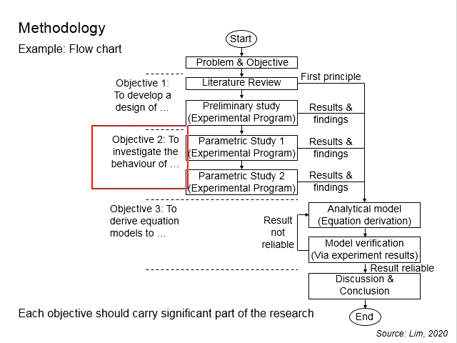That will be your second objective, to investigate the behavior of something. In fact, you can have more than one parameter study, which in this case is 2 stages of parametric study. This is because you have at least 4 parameters that you want to study.